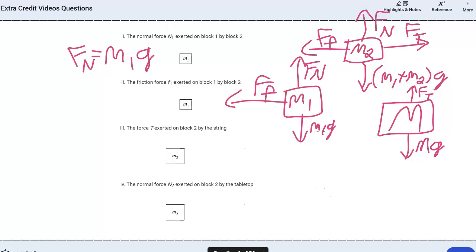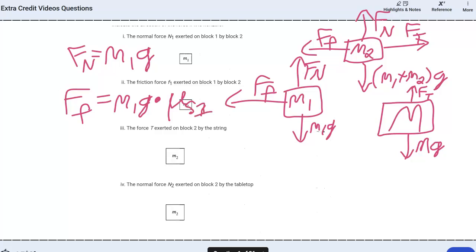Where it's given that our normal force is M1G, we know that our frictional force is coefficient of friction times normal force. So our frictional force is going to be our normal force times the coefficient of static friction between the blocks. And that's just going to be mu S1.